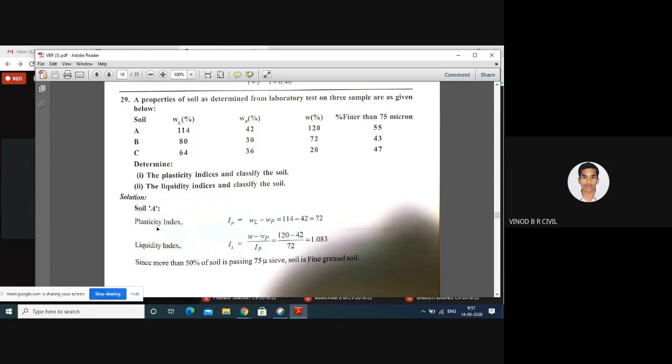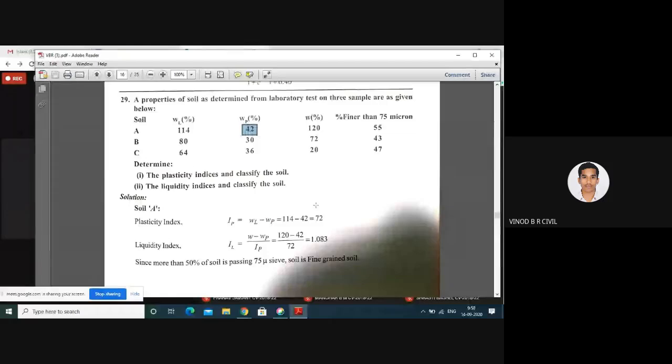First one is soil A. In the problem they gave three soils: soil A, soil B, and soil C. For soil A, the plasticity index is denoted by IP. IP is equal to liquid limit, 114 given in the problem, minus plastic limit, that is 42.